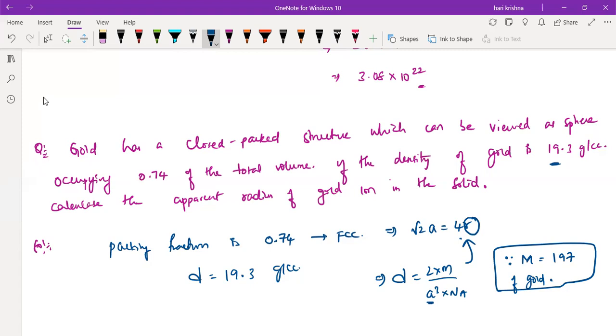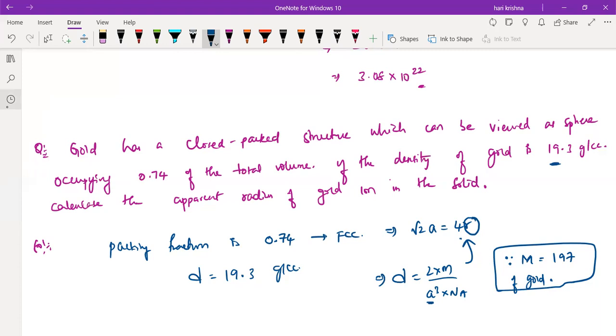First, find out the a value from the density formula. Did you understand what I'm telling? Then substitute that a value in the above equation, you get the r value.